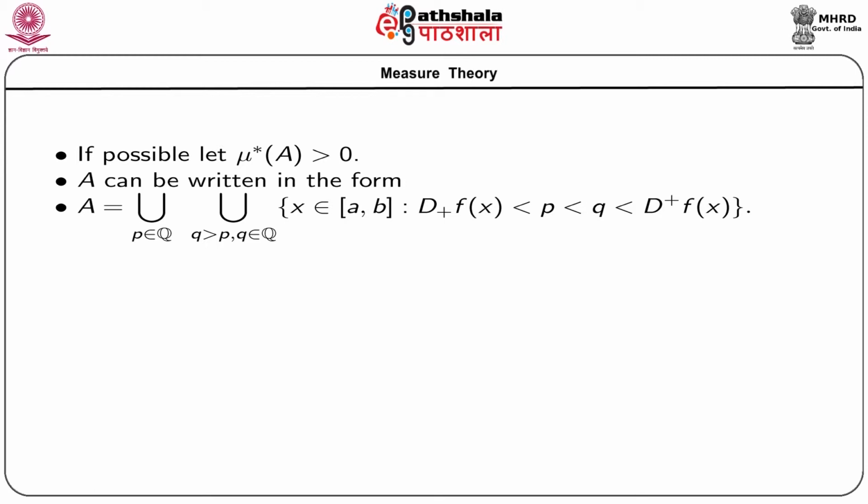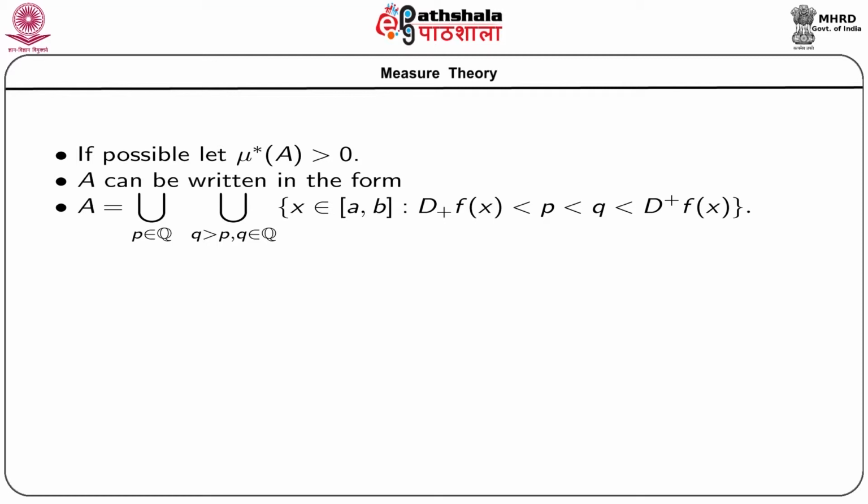Observe that since the set of rational numbers is dense in the set of real numbers, so when for a point x we have d lower plus f x less than d upper plus f x, we can always find first a rational number p with the property that d lower plus f x less than p less than d upper plus f x, and we can find again another rational number q with the property that p less than q less than d upper plus f x.